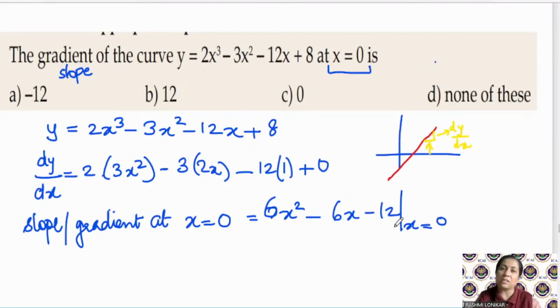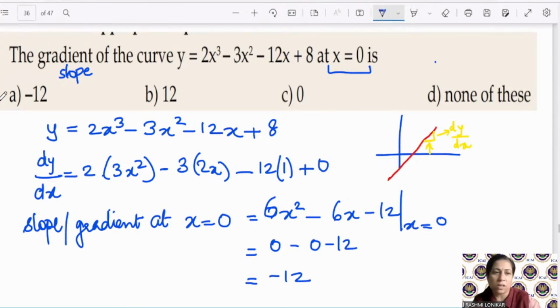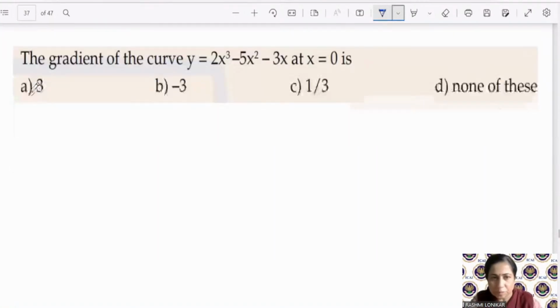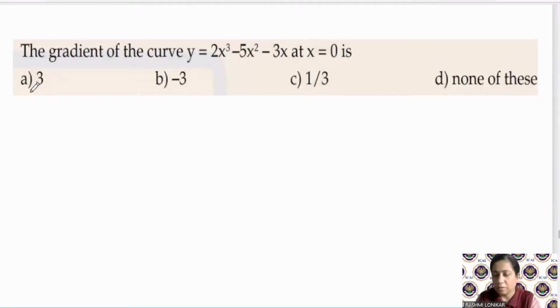I put the value x is equal to 0, so this is 0 minus 12. So the answer is minus 12, and A will be the correct answer. Understood? Yes, Aditya, Darshan, using properties solving this becomes very easy. Yes Siddharth, minus 12, Dimple, Kushal, correct.